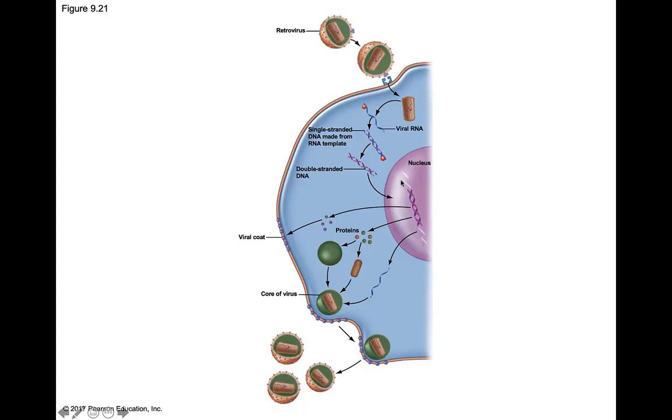And now that's going to reside there. The next step is we're going to see that DNA dictating the production of the viral coat, the various proteins, and the core of the virus itself. And now we see the actual replication of that virus. So that's the process overall.